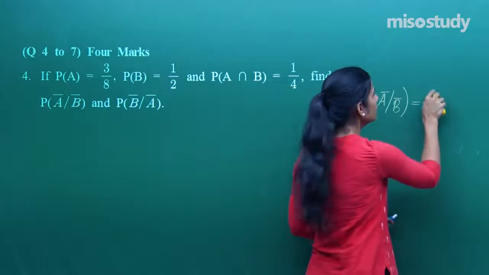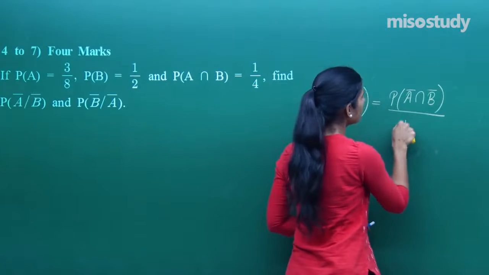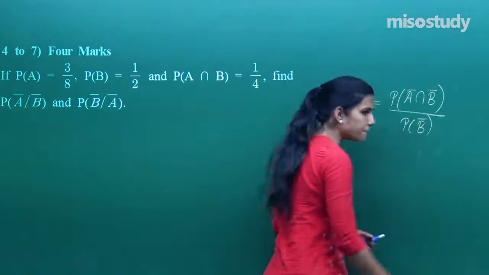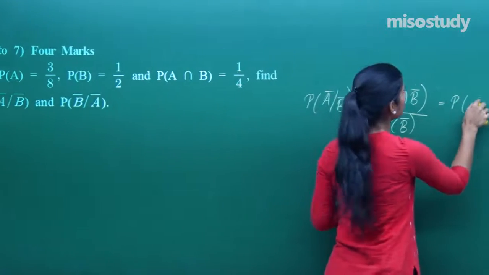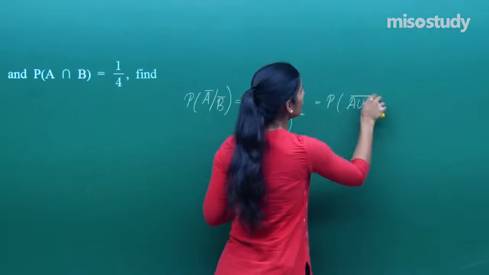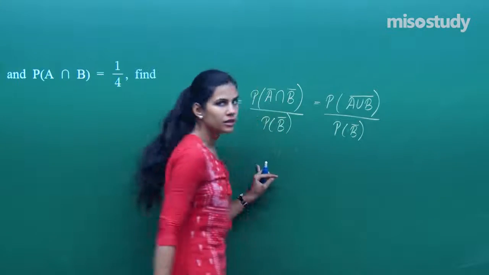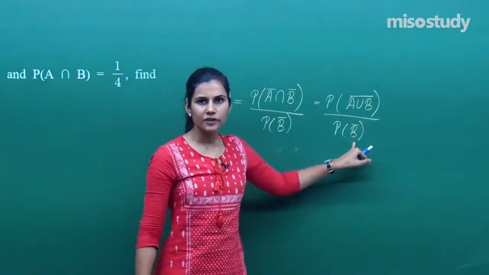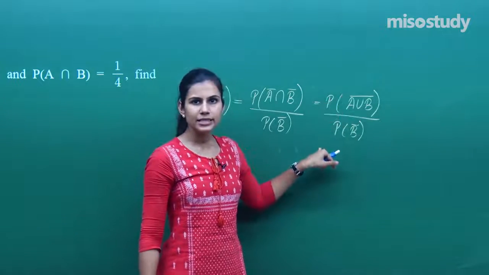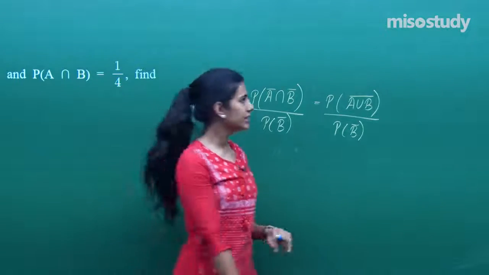This is equal to probability of A bar intersection B bar upon probability of B bar, right? What is this? By De Morgan's law, A union B whole bar upon probability of B bar. Not happening of event A union B, not happening of event B. What are their probabilities? 1 minus probability of happening of the respective events.